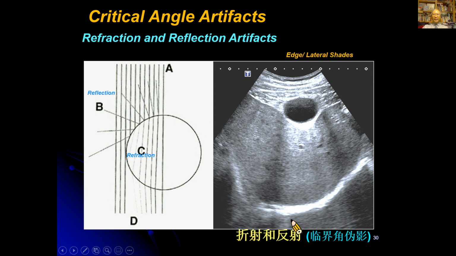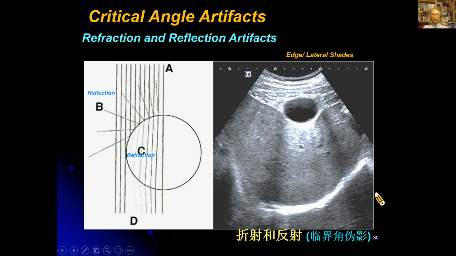Okay, now reflection and refraction combined together cause a critical angle artifact. Here reflection, here refraction, and then you can see two critical angle artifacts or lateral shadows on the margin of the cystic structure.